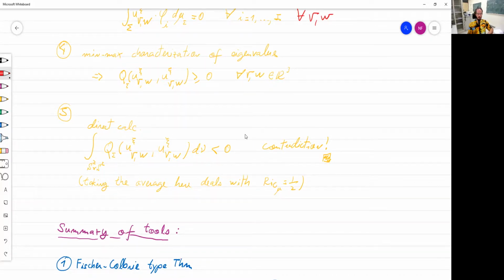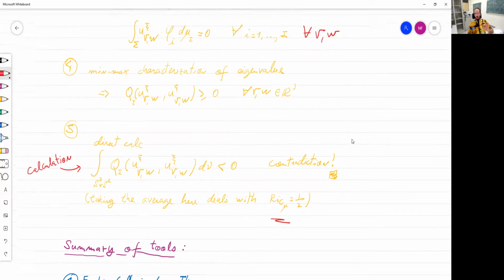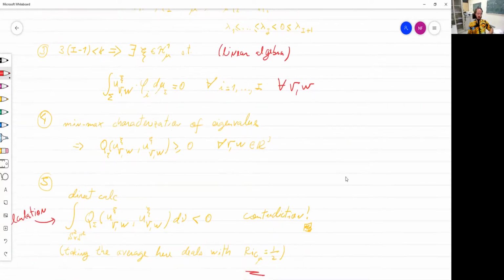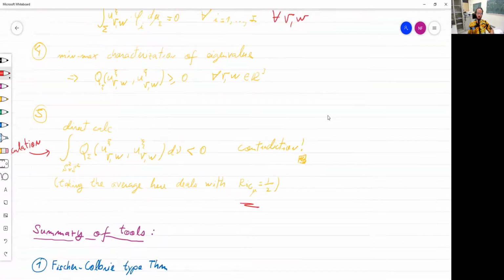So this is a direct calculation. Taking the average is where the positive Ricci part comes into play. That's how you deal with the Ricci curvature. I know this is very sketchy, but it's a brief summary of the result.